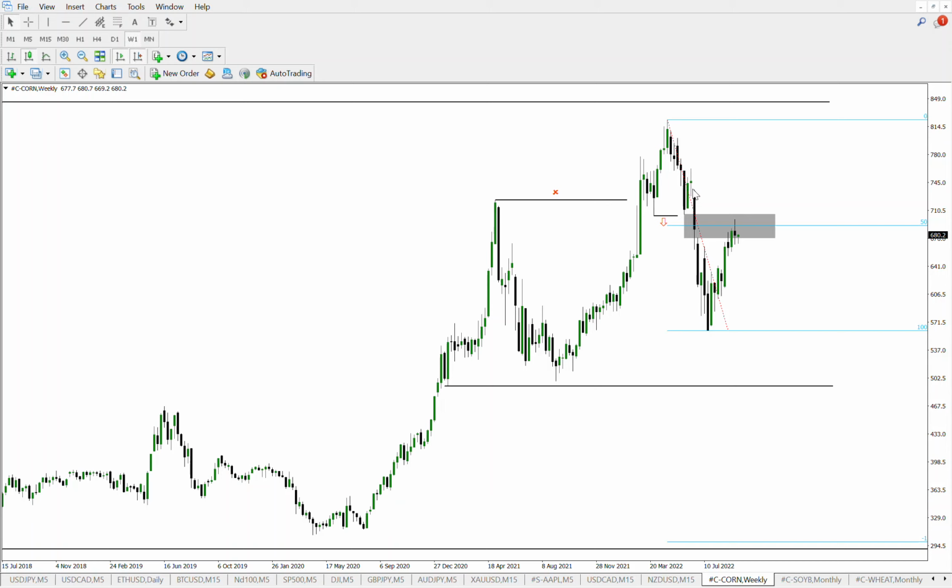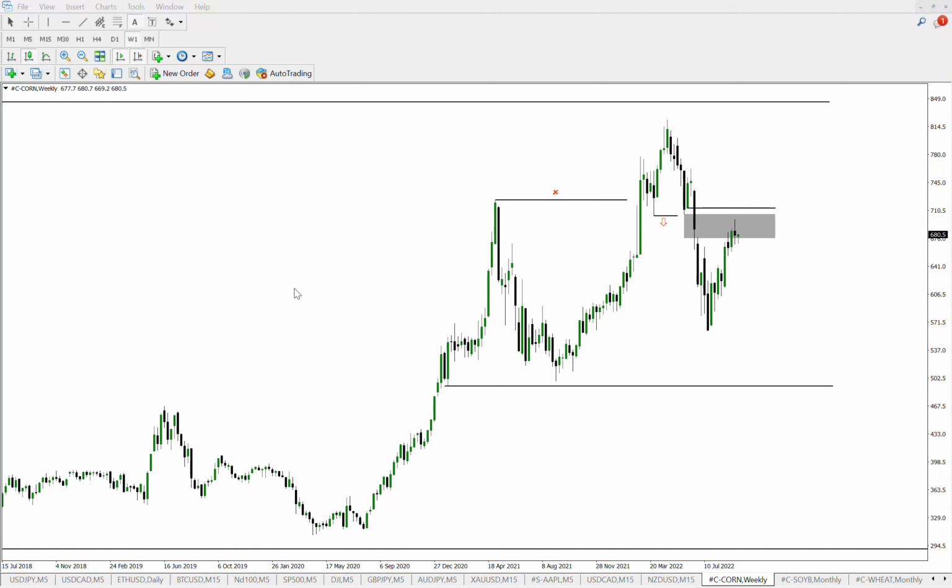So I am looking to go short in this fair value gap and potentially in this order block if price really gets exaggerated on the upside during FOMC for the manipulation before the move lower.